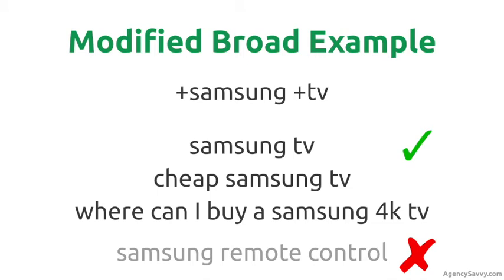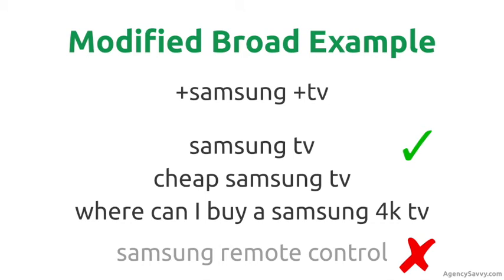Now, if we didn't want to show for that middle one there, cheap Samsung TV, we could add cheap as a negative keyword. And that would say to Google, any search query that contains the word cheap, doesn't matter what the rest of the search query is, but because it's got the word cheap in there, and I've got cheap as a negative keyword in my account, do not show for that. So let's say we were selling Samsung TVs. Some good negative keywords would be things like used or parts.